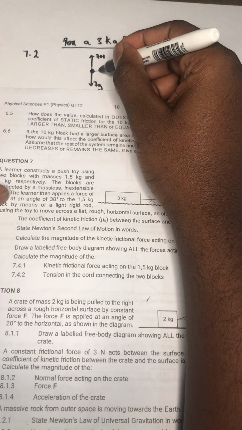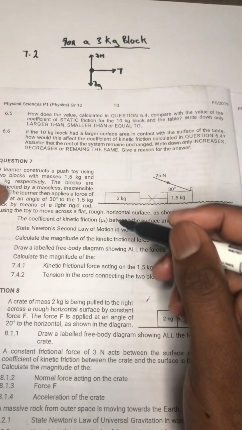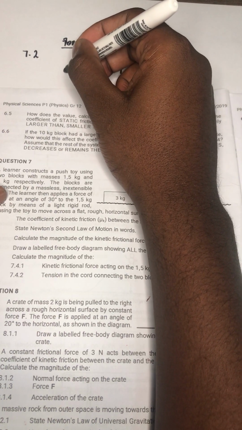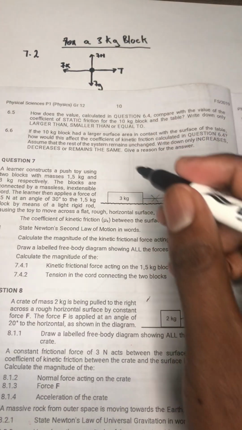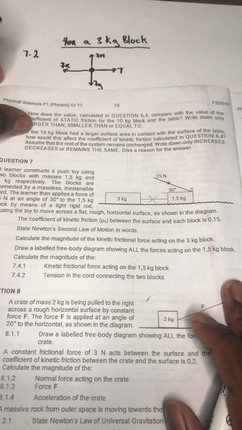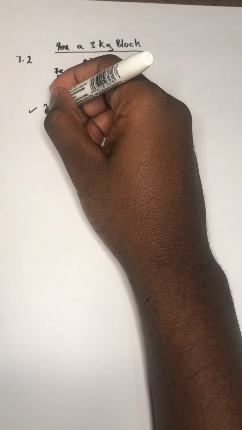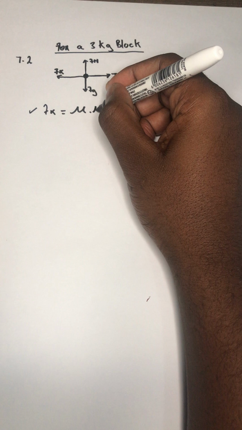So we have tension pulling the block to the right, and then we have another force opposing the motion, the frictional force. So how do we calculate friction? We know that for a frictional force we use the coefficient mu k times the normal force.